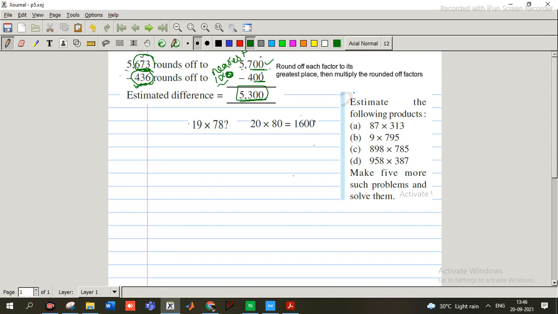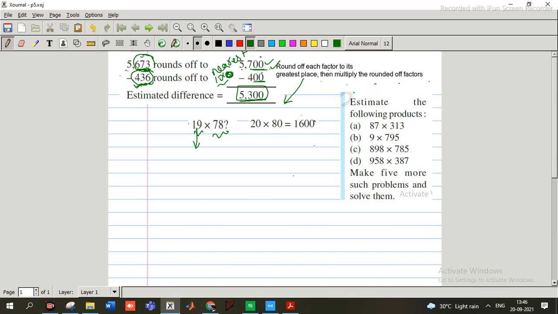You can see this definition: round off each factor to its greatest place, then multiply the rounded off factors. So now we do these multiplications. Suppose I say 19 into 78, what is the approximate multiplication of these two?